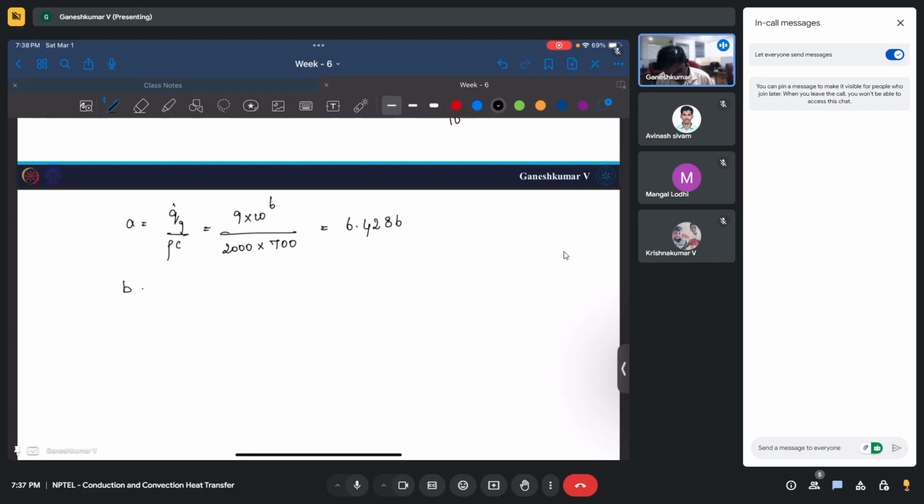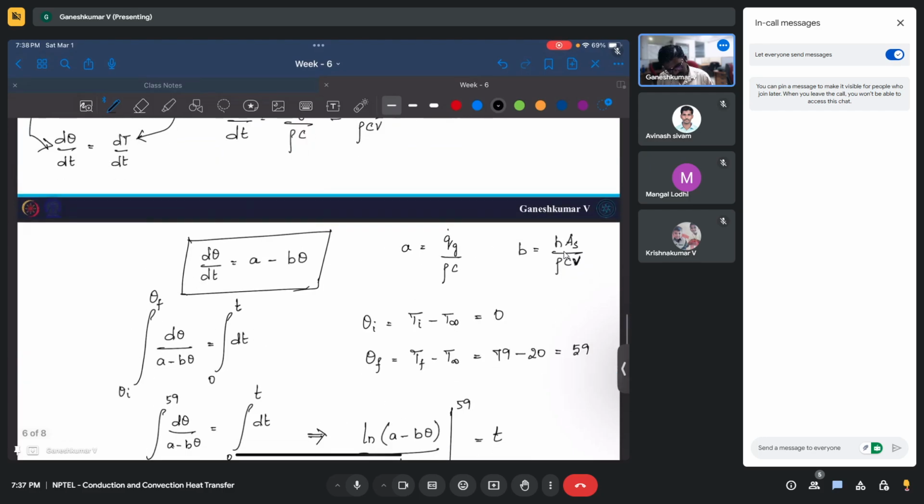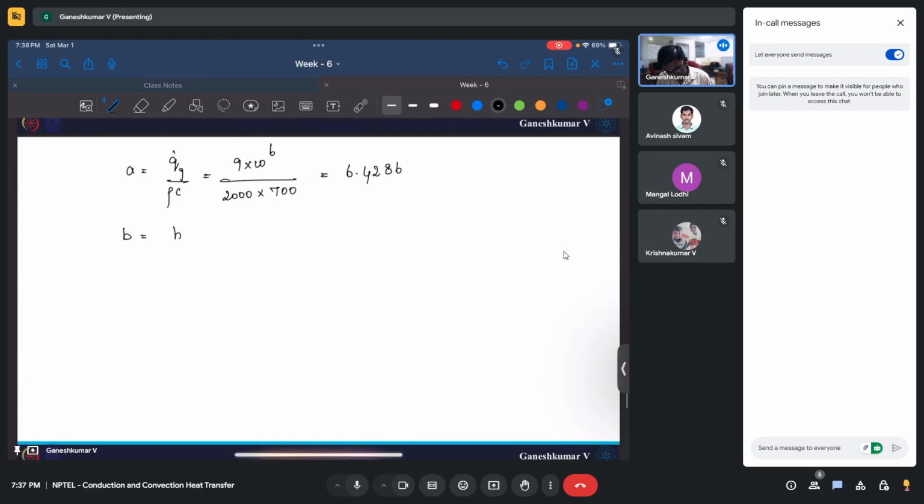And then finally you have B, hAs by rho cV. hAs by rho c V. h is 150. As we saw, it's 25 millimeter square, so I am going to multiply it with 10 power minus 6. Rho is 2000. c is 700. And volume is again 25 meter cube, so it's going to be 10 power minus 9.